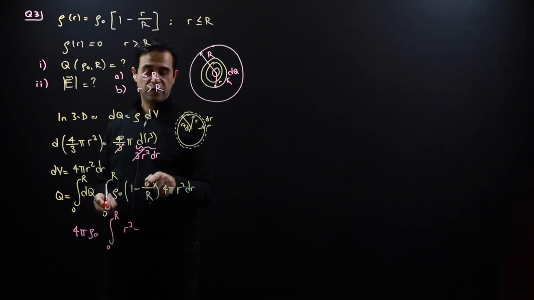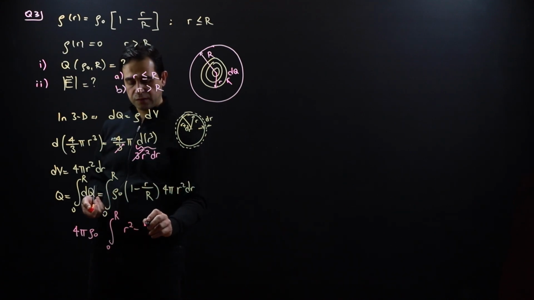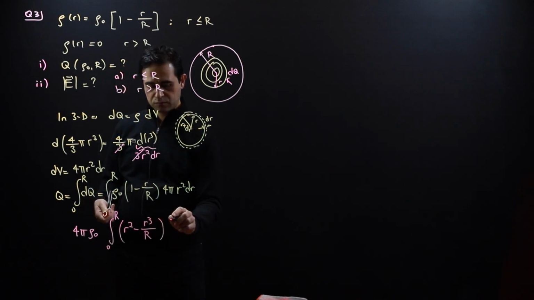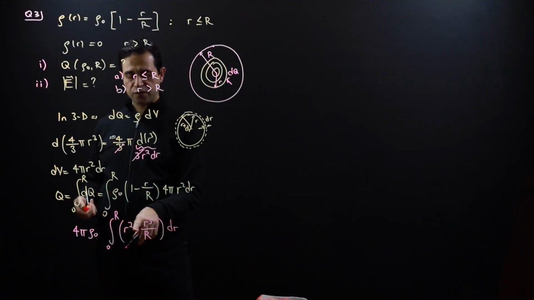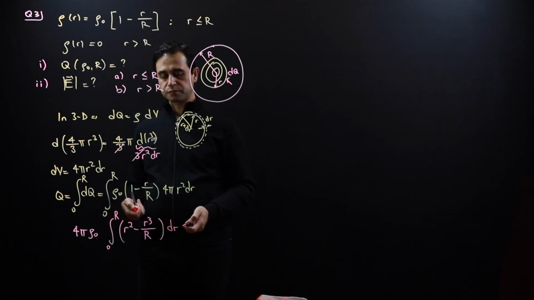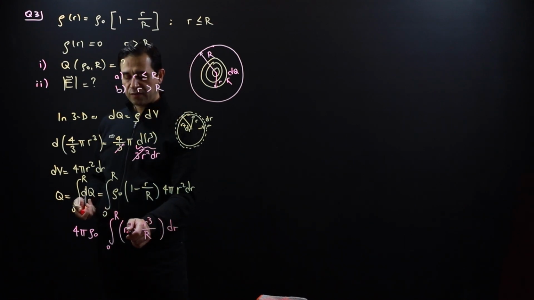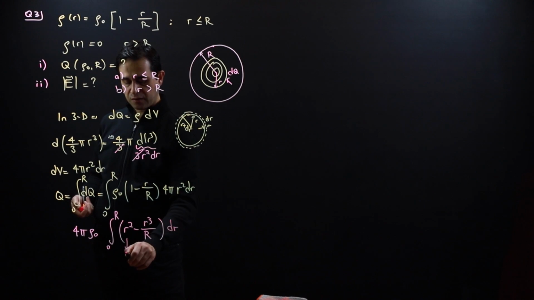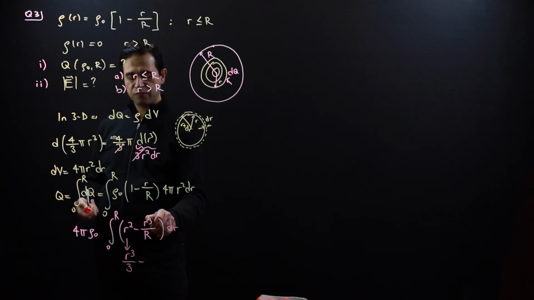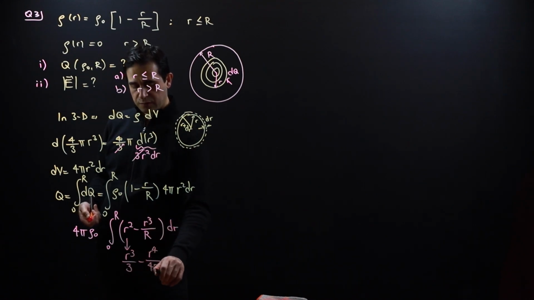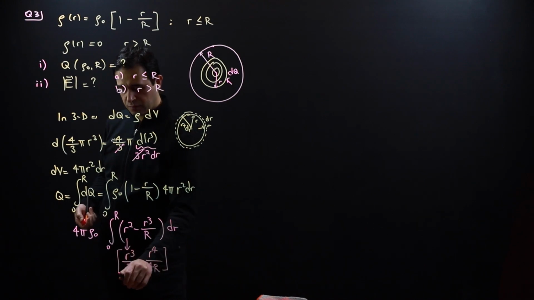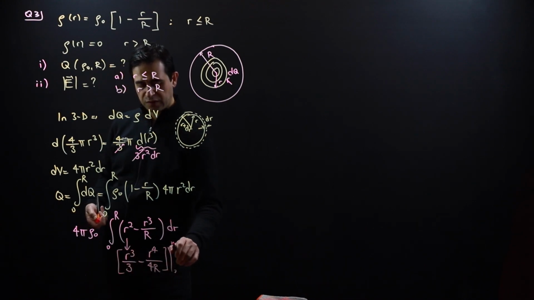And the second term is r divided by capital R multiplied by that, which is r cubed divided by capital R. Okay guys, so now I have two terms: r squared and r cubed divided by R. And this r squared term, the integral, will give me r cubed divided by 3. And the other term will give me r to the 4 divided by 4R. And the integral is from 0 to capital R.